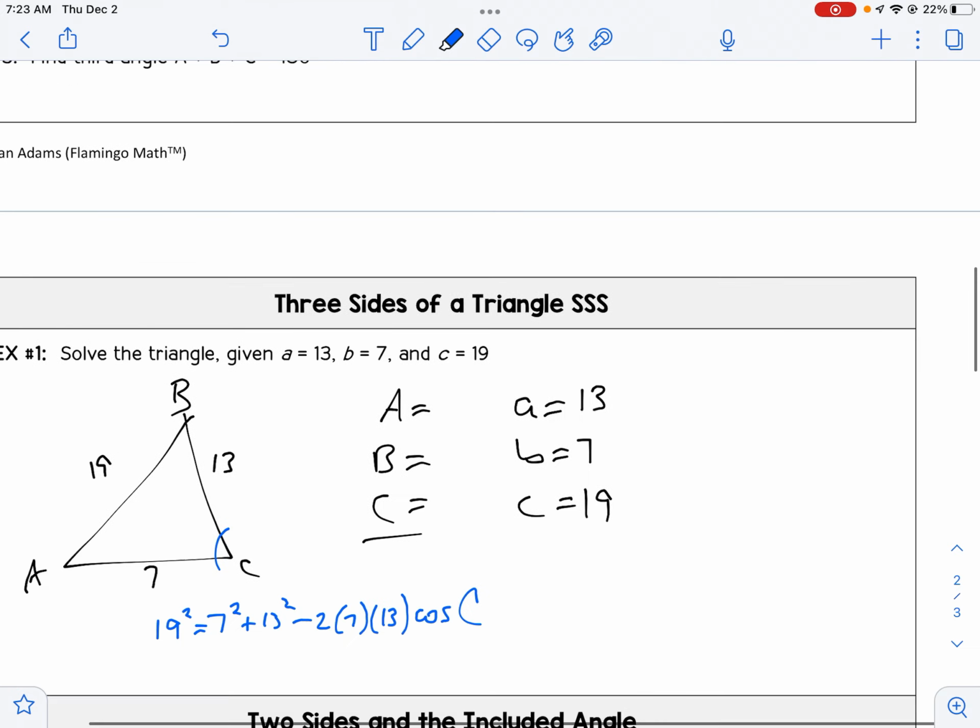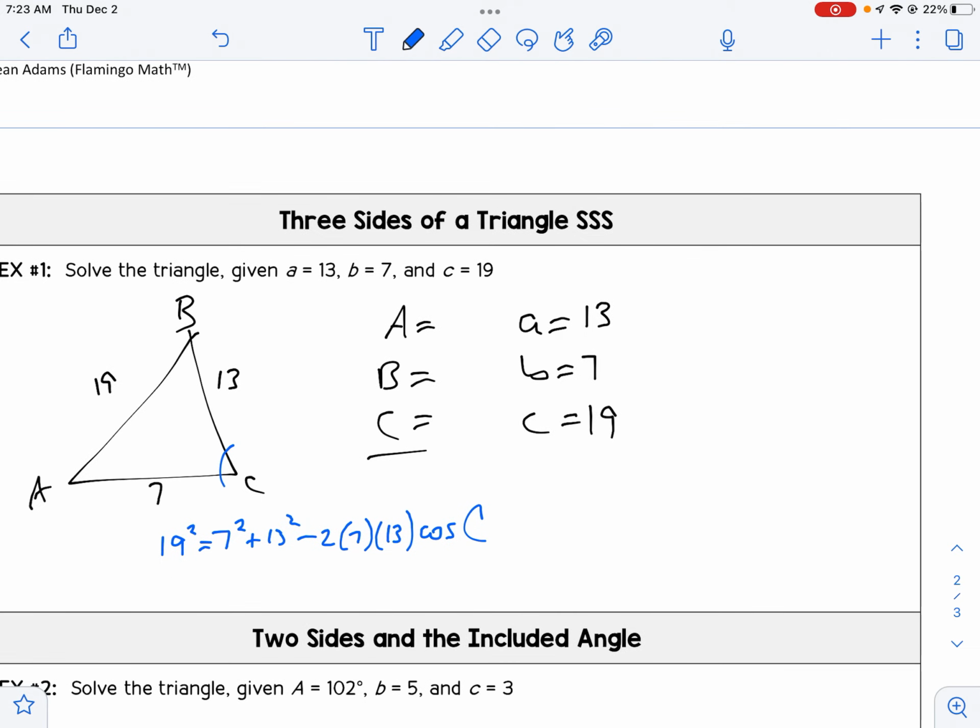So I'm going to go back down here to my problem, and I'm going to rewrite this using the angle formula because I think it's easier. So I have the cosine of C, that's my unknown, and that's going to equal 13 squared plus 7 squared minus 19 squared divided by 2 times 13 times 7.